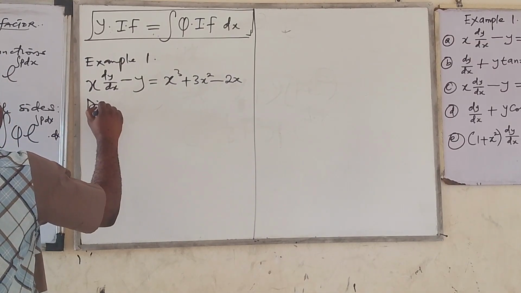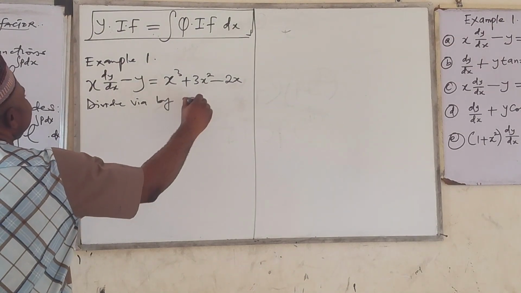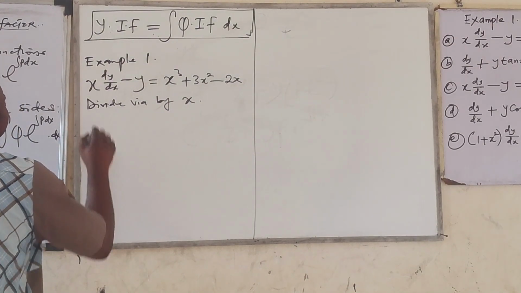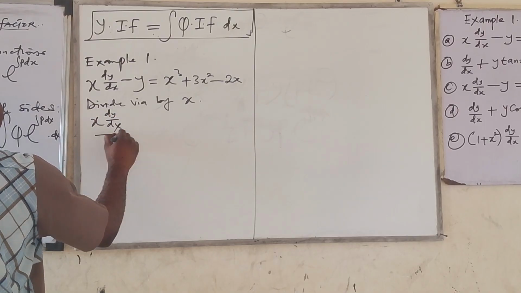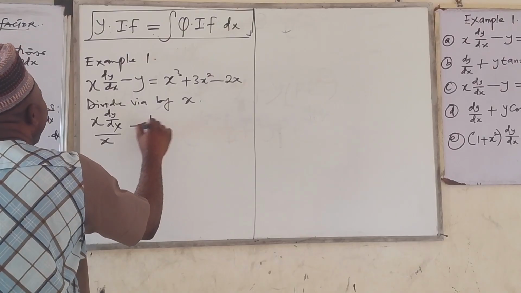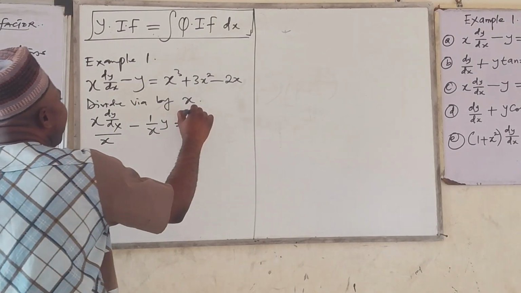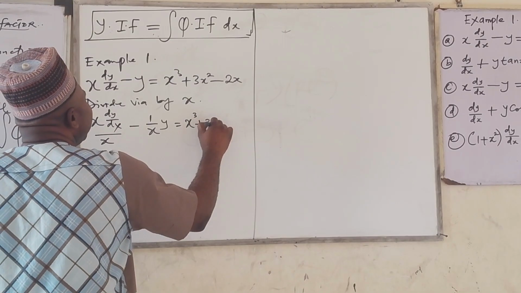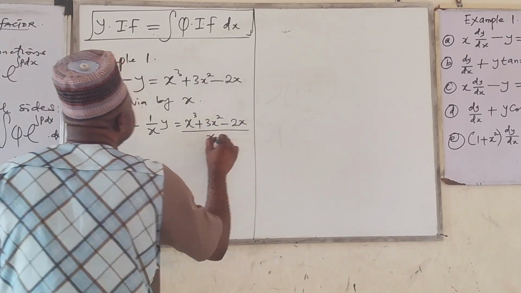Now let's divide through by x. So dividing through by x, we have x dy/dx divided by x, minus 1 all over x times y, is equal to x cubed plus 3x squared minus 2x, all over x.